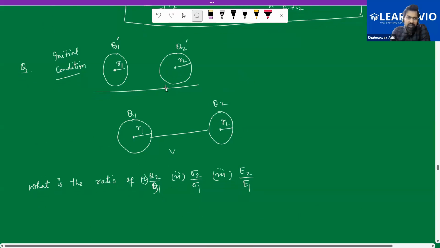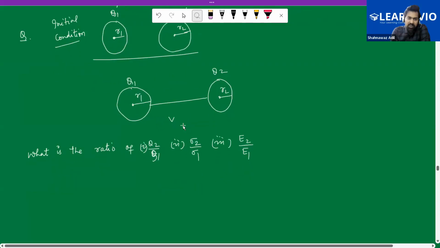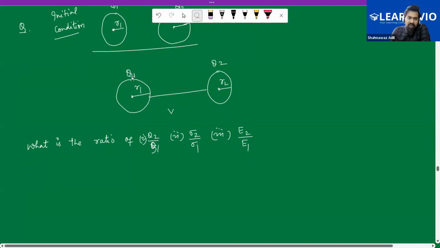Okay, so this is the question that there are two spherical charged spheres, and then they are connected together by a wire. We have to find out the ratio of Q2 by Q1 charge. They have the radii R2 and R1.